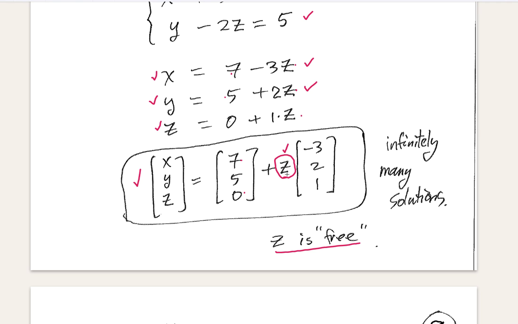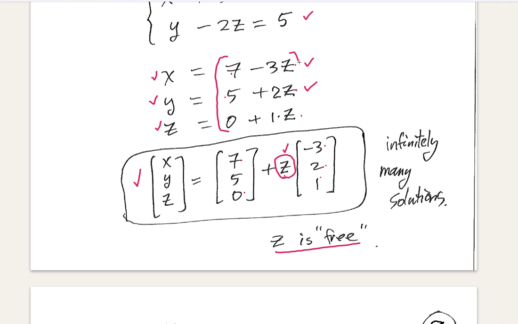That scalar, which is a fancy physics term for number, just multiplies on every single term. So the z here would multiply on the -3, the 2, and the 1, and we would get -3z, 2z, 1z. Then when we added them together, we'd get x equals 7 minus 3z.